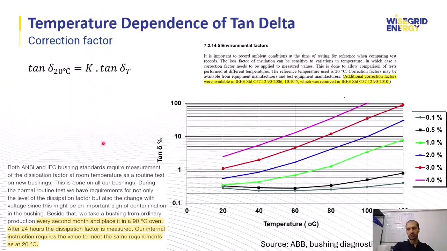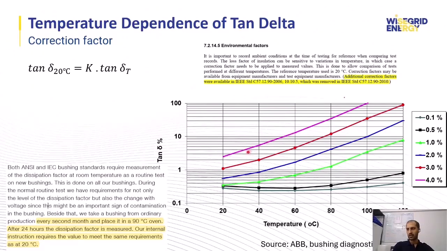So let me show here. We want to correct tan delta values from 60 to 20 degrees. This curve shows it for 0.1% moisture level, and this curve shows it for 4% level of moisture.